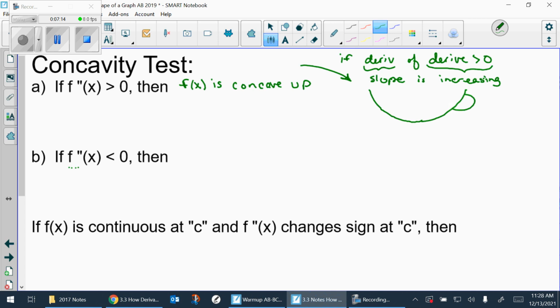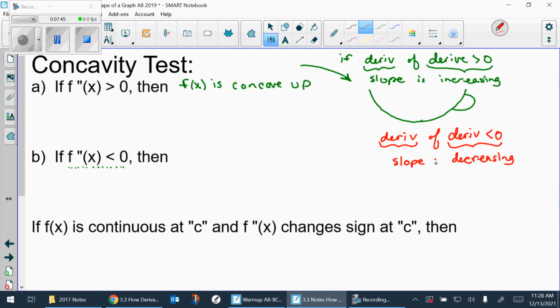What about when the second derivative is negative? That means, again, the derivative of the derivative is less than 0. When the derivative is less than 0, that means we're decreasing. Learned that on the previous slide. And I'll replace this word, derivative, with slope.